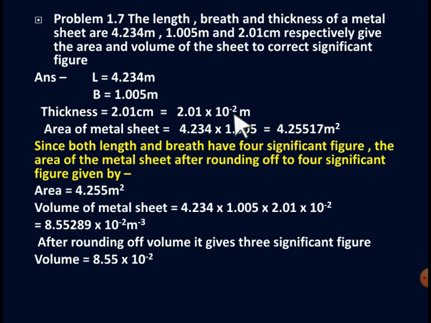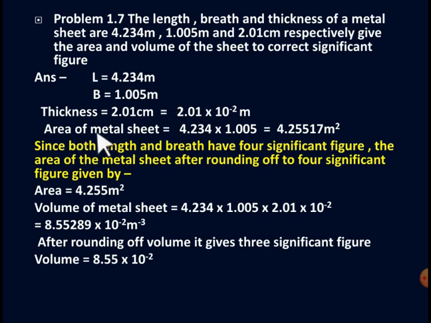So thickness has 3 significant figures, while length and breadth have 4. Whenever there is the factor of thickness, the result should be expressed in the minimum 3 significant figures because the others have 4 significant figures.